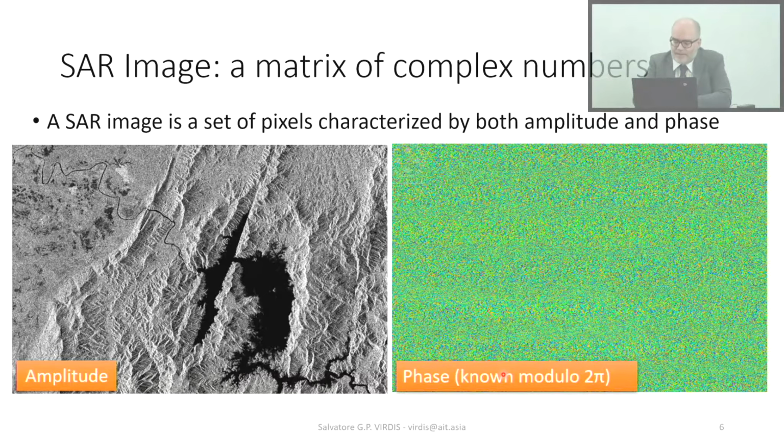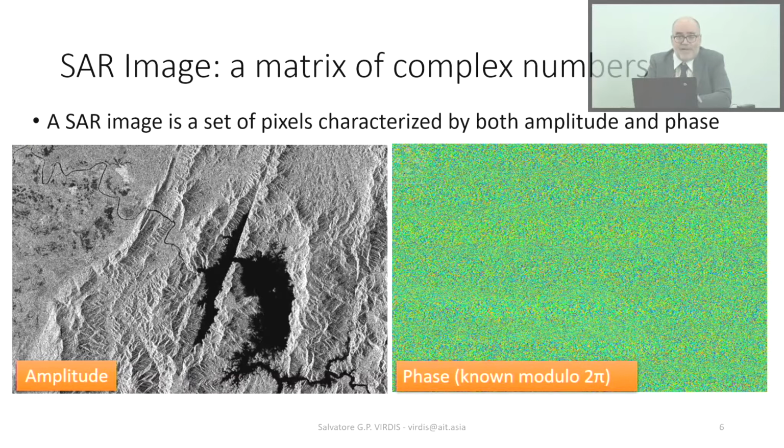So I recall what the phase of a signal is. The phase is the offset of a wave from a given point. We will see it a few slides coming. As you can see, the amplitude image is quite clear and can be interpreted with the interpretation keys we use with optical images, but the phase image is unreadable. And the phase is known modulo 2π.